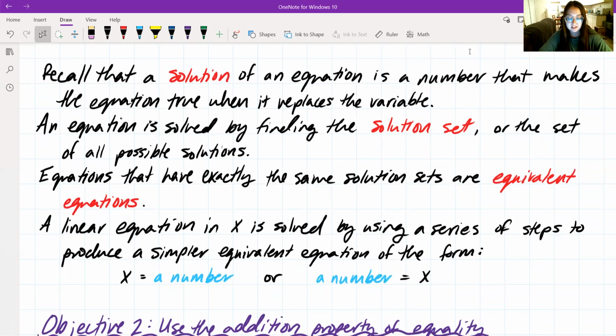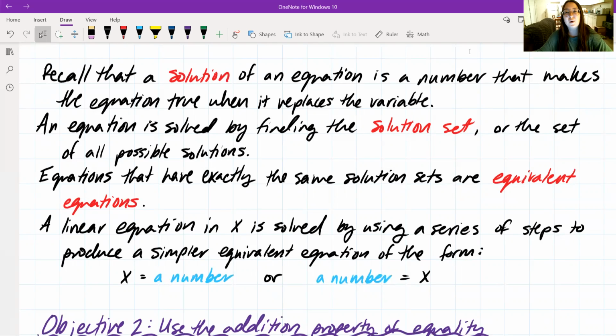Equations that have exactly the same solution set are equivalent equations. So if we have equations with the exact same solutions, we can say those equations are equivalent. A linear equation in x is solved by using a series of steps to produce an equivalent equation of the form x is equal to a number or a number is equal to x.